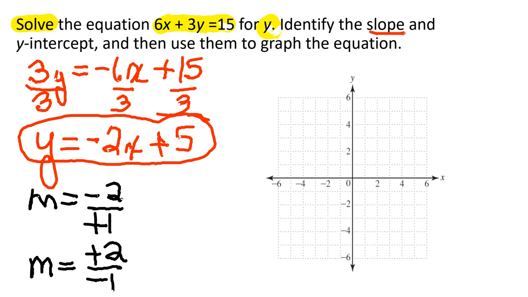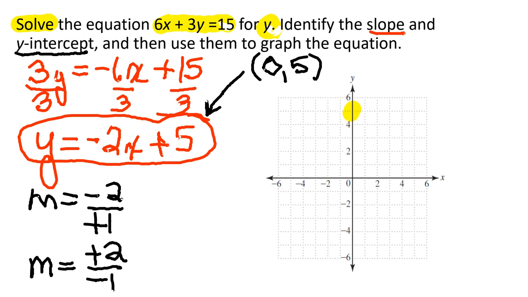One is going to take me down or left. But where do I start? The y-intercept is 0, 5, which means my yellow dot is sitting right up here.